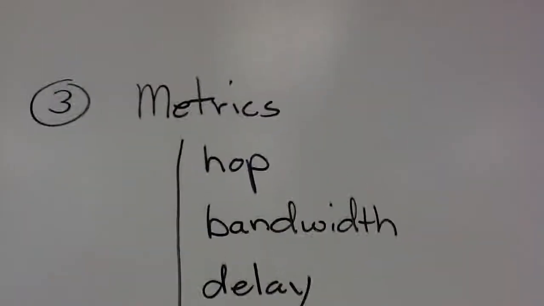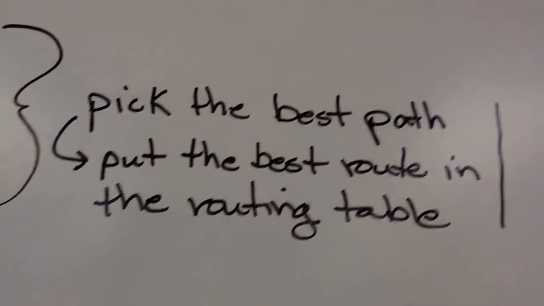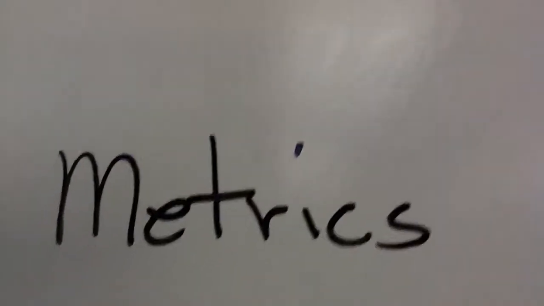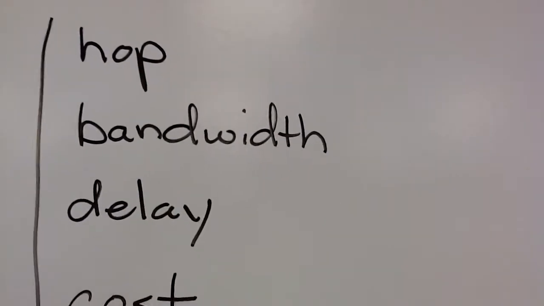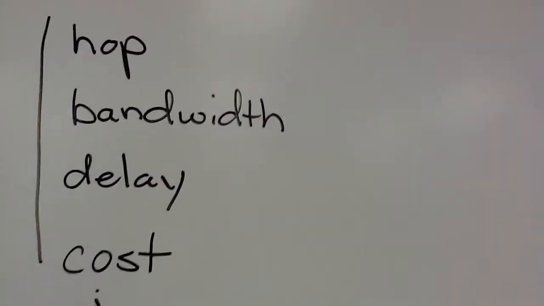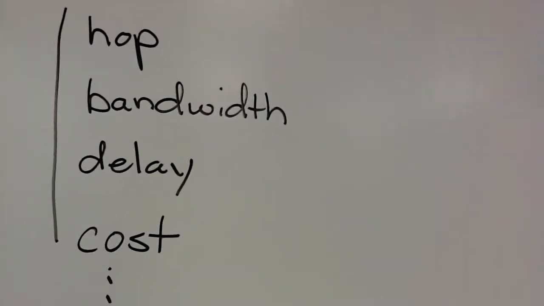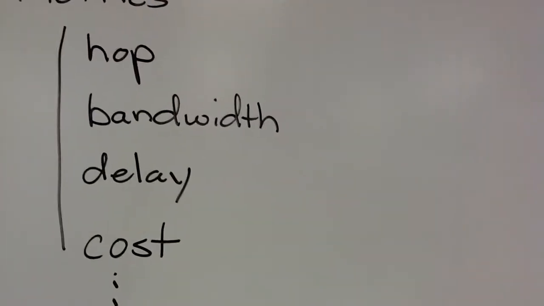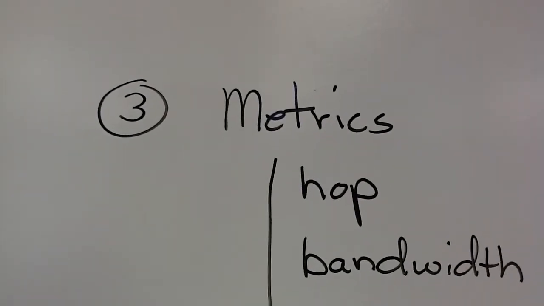Third thing, once we need to decide how it is going to decide what's the best route, it can use a metric. And we only list some of the metrics here. It might be how many hops, or it could be bandwidth, it could be how much delay there is in the network, cost, and lots of other things we might add there later on when we talk more specifically about metrics.